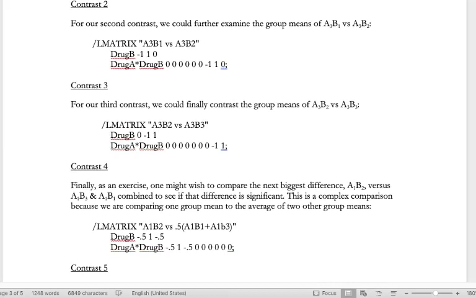Okay. Then finally, another thing that we might want to do is say, okay, the next biggest difference on that plot that we were looking at would be A1B2 compared to A1B3 and A1B1.